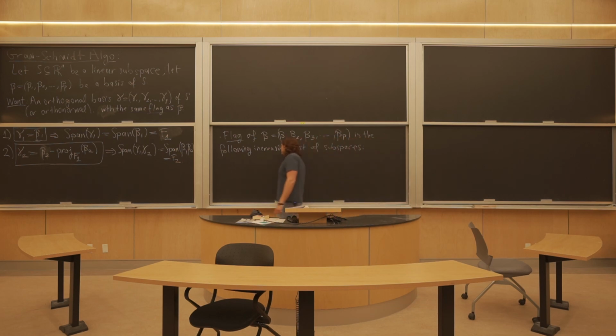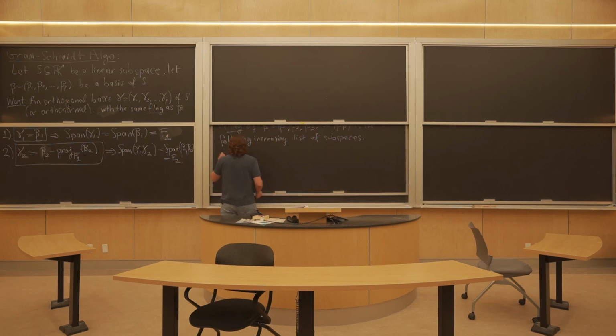Here you start with the span of beta 1, and the span of beta 1 is a subspace of the span of beta 1 and beta 2, which itself is a subspace of the span of beta 1, beta 2, beta 3, and so on.